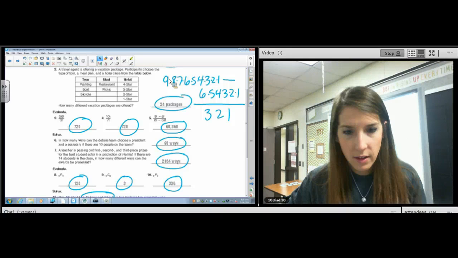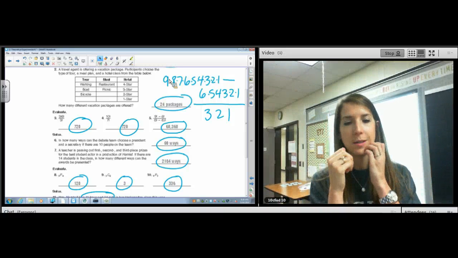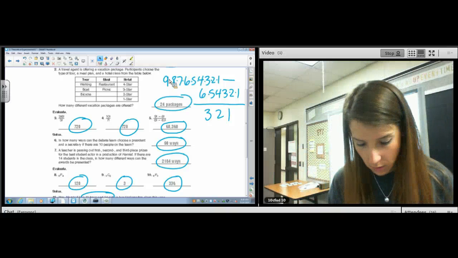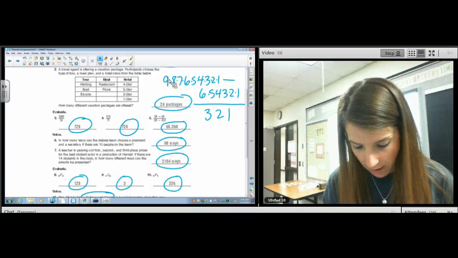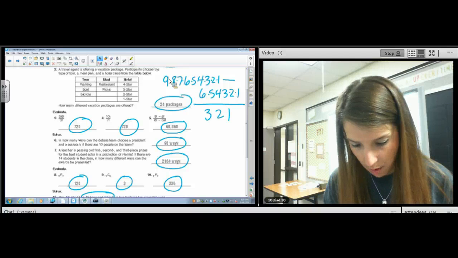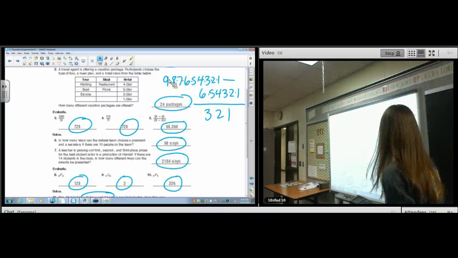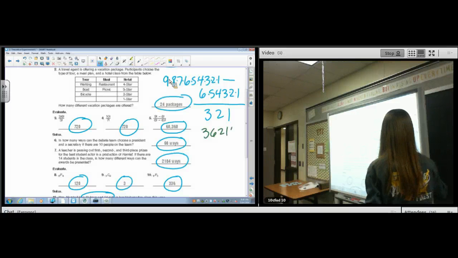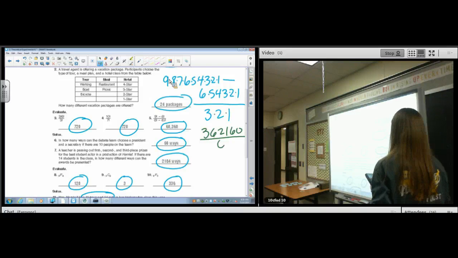You put it in your calculator. Maybe you didn't use parentheses correctly. Your numerator would have to have parentheses around it, and then your denominator would need to have parentheses around it. So 9 factorial minus 6 factorial is 362,1, over 3 times 2 times 1, divided by 6.